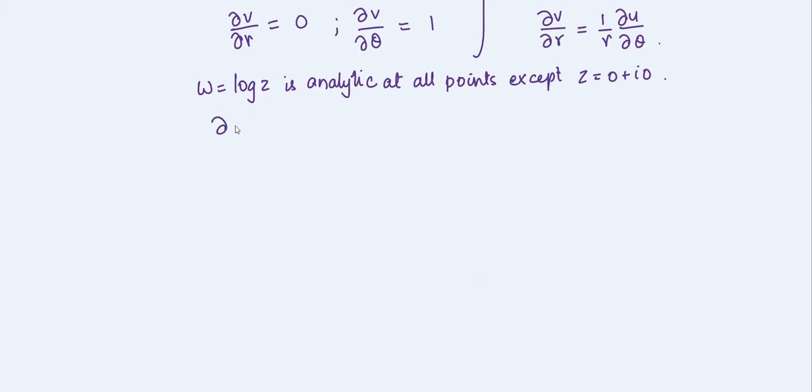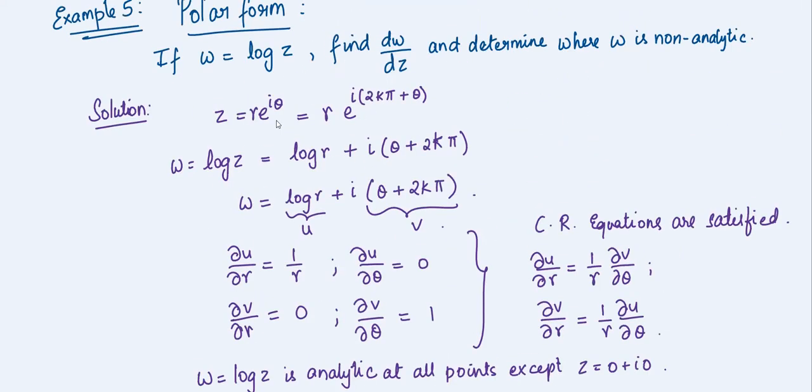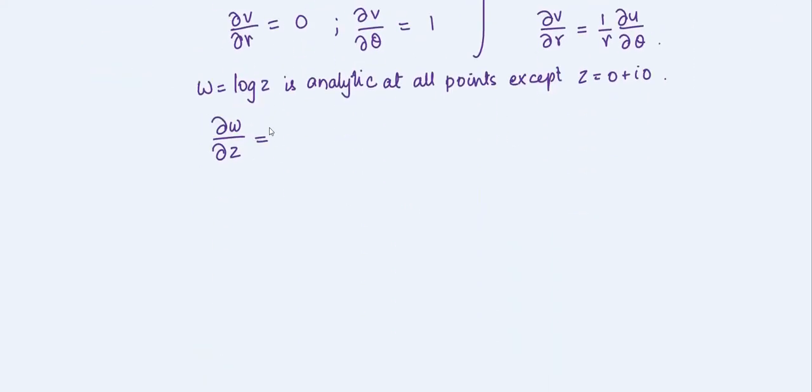So now dou W by dou Z, how do we do this? So it is dou U by dou R plus i times dou V by dou R, which is 0.